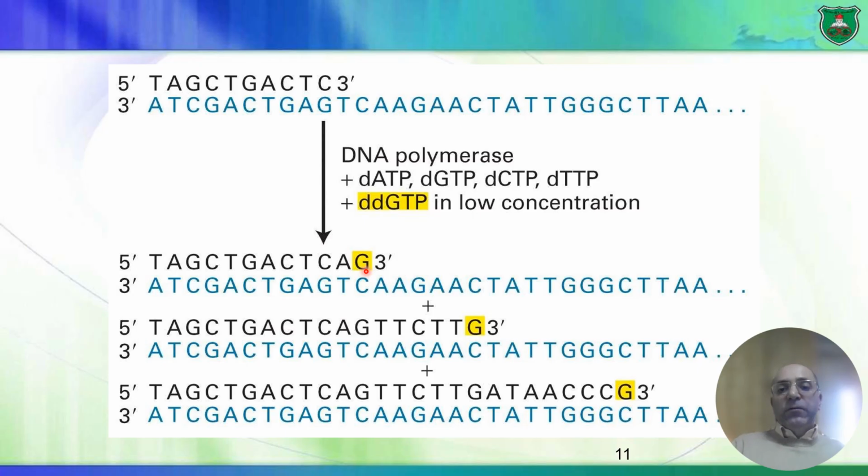It's terminated. And that's the whole purpose of the dideoxy. Okay, and then what? Remember that in the other tubes where we have, let's say, a tube that contains a dideoxy T in addition to all four substrates, whenever there's an A, synthesis will stop when the dideoxy T is added. Okay, and same thing for the other two tubes.